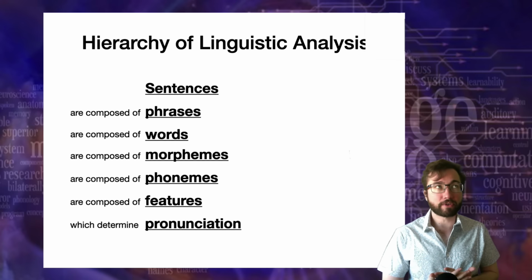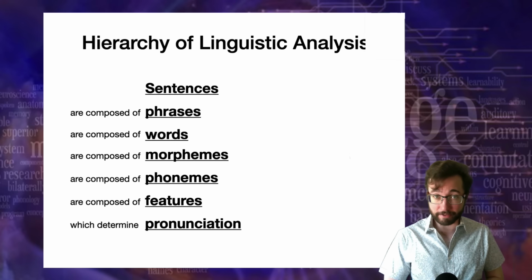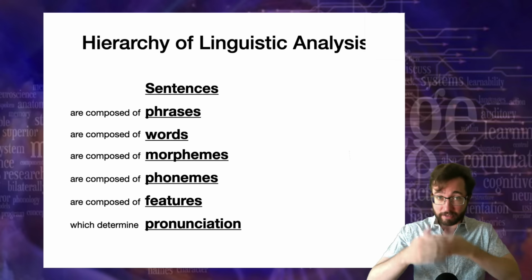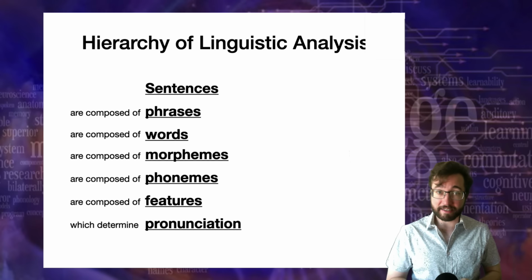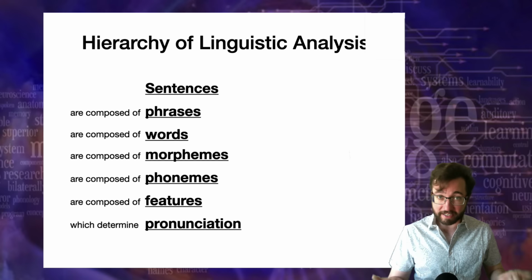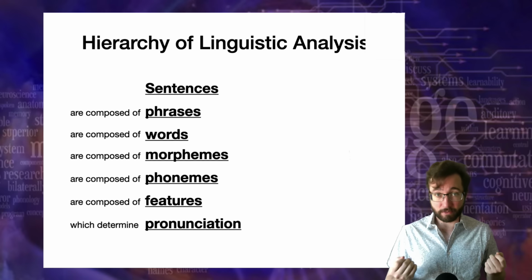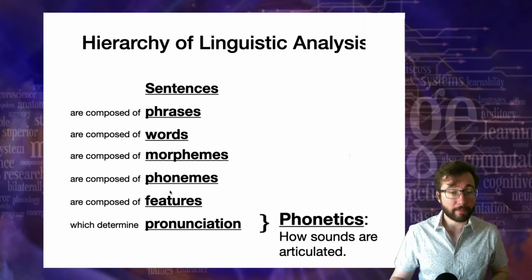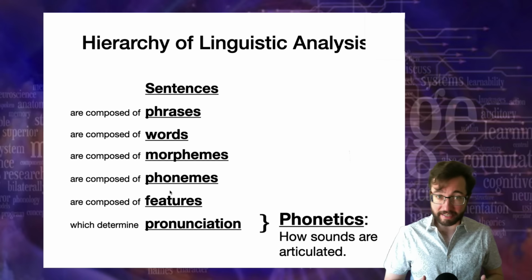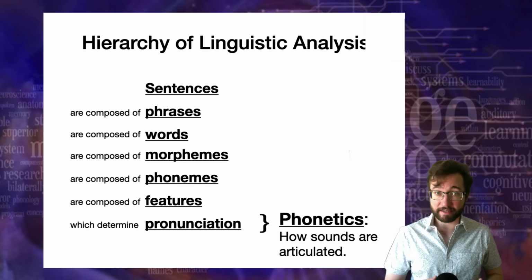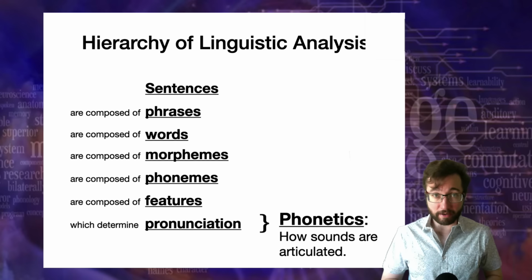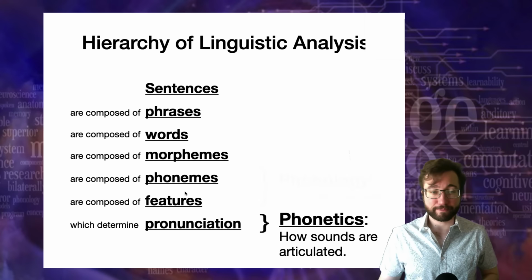It's also the structure of the scientific field of linguistics. So each level of analysis here corresponds to a subfield. For each level of analysis here, there are teams of researchers who are studying how exactly these things work. So when you're studying pronunciation, then you're studying what's called phonetics, how sounds are articulated and their acoustic properties.